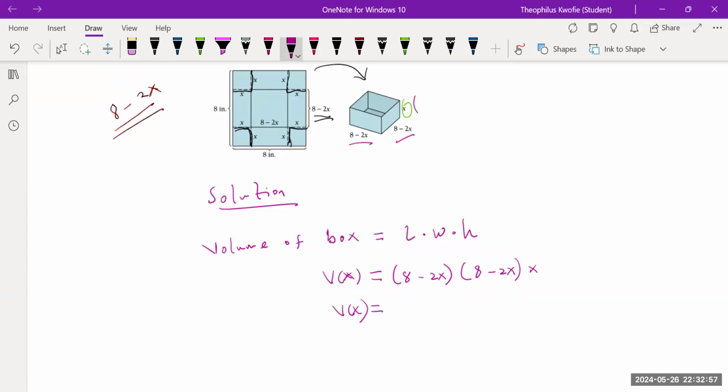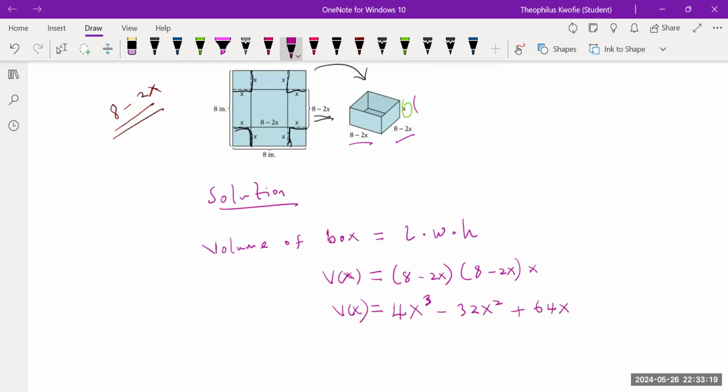Good. Now, when we expand and simplify, I think we should have 4x to the power 3, minus 32x squared plus 64x. Is that okay?